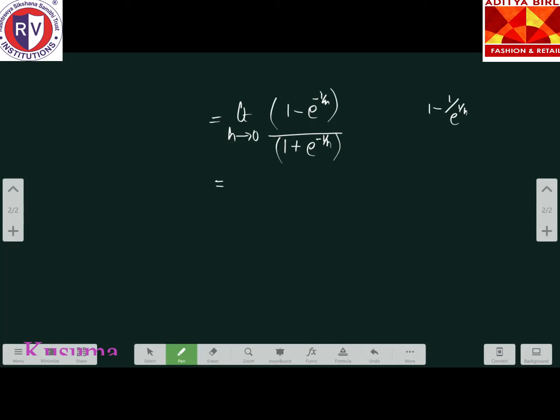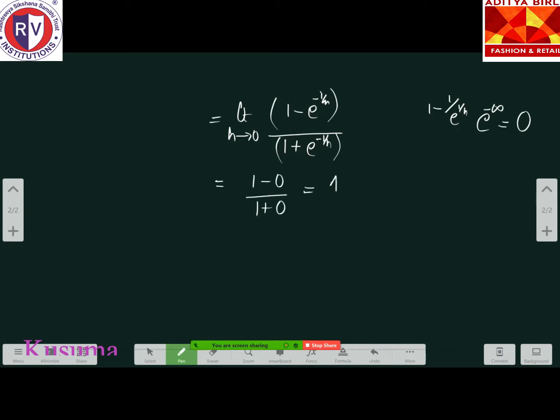Infinity. So 1 by infinity, what is e to the power of minus infinity? The value will be equal to 0. So here, when we substitute e to the h is equal to 0, this will become 1 minus 0 divided by 1 plus 0.